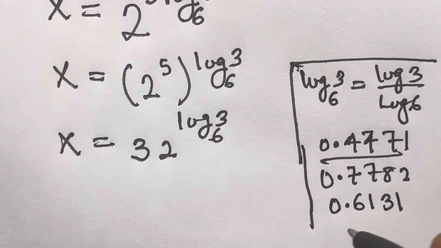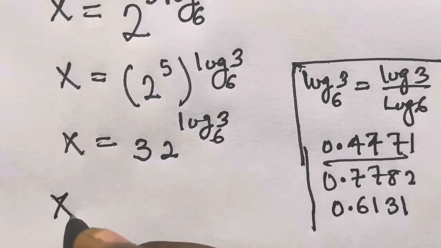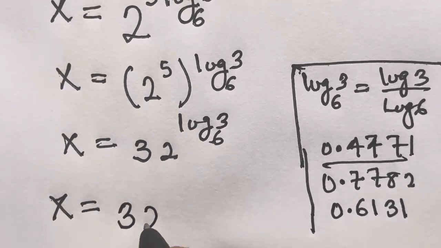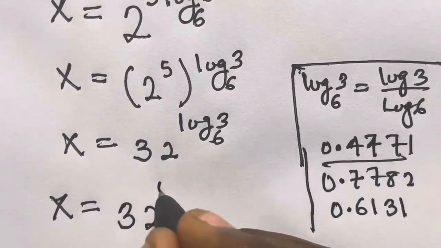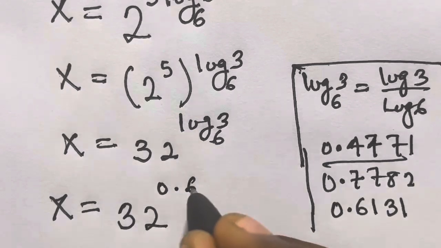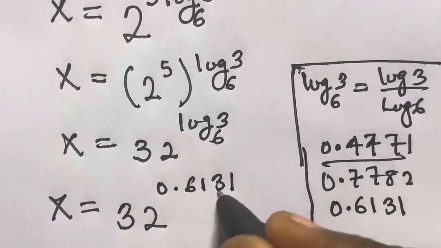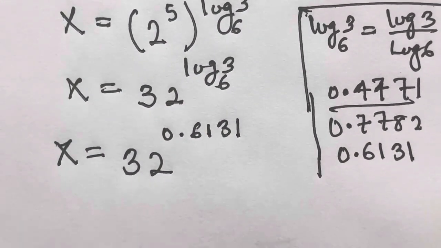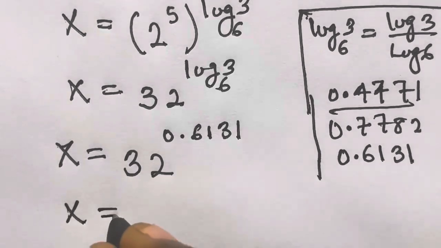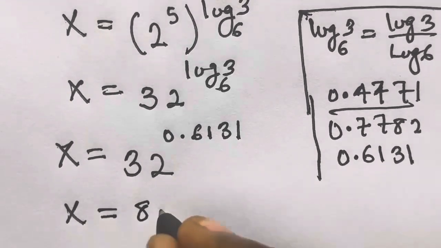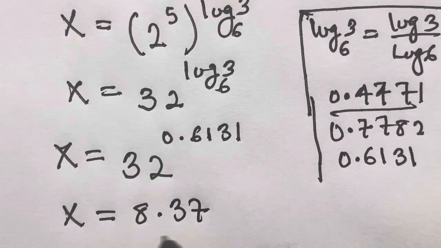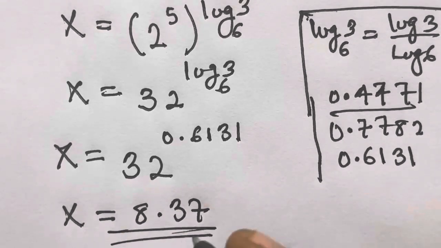So now, if we substitute, x equals 32 raised to power 0.6131. If you press your calculator, you get x equals 8.37. So this is our answer. Our x is equal to 8.37.